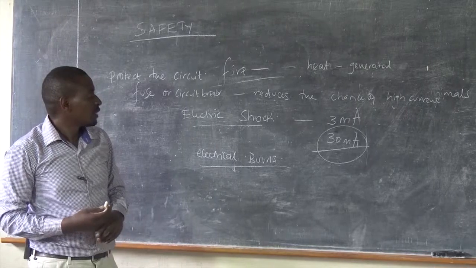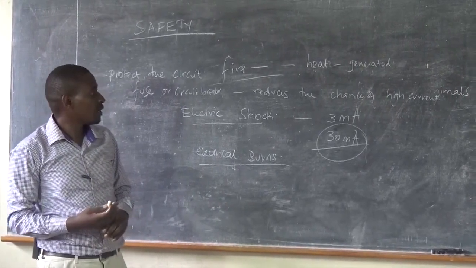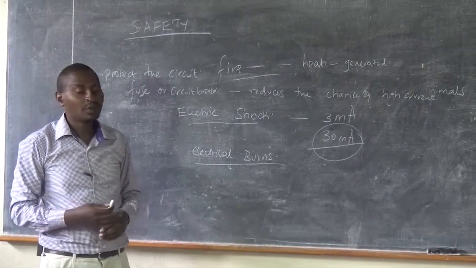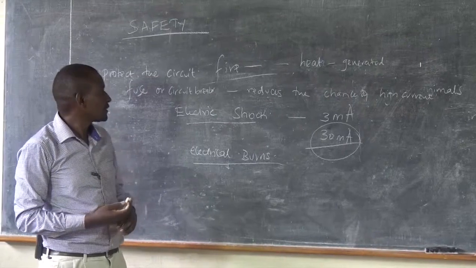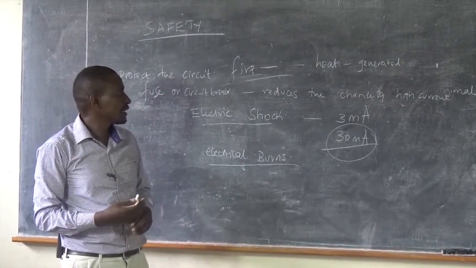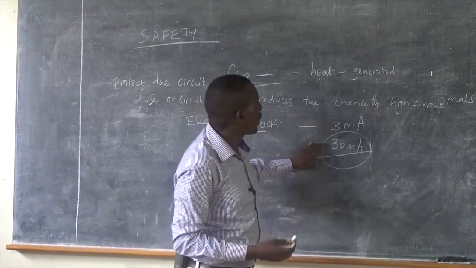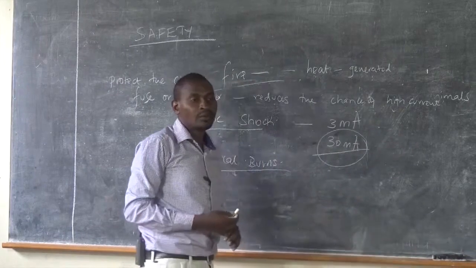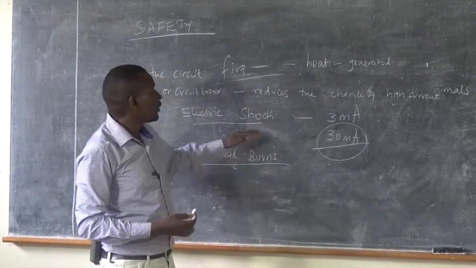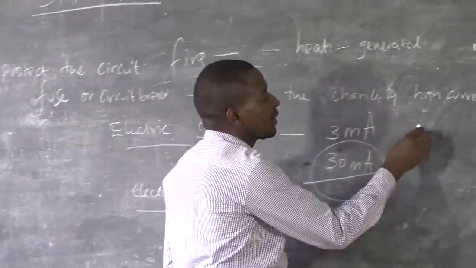So we advise people that if they find someone who is in an electric shock, the first thing they should do is to isolate the source of supply. You can only isolate the source by switching off the supply.